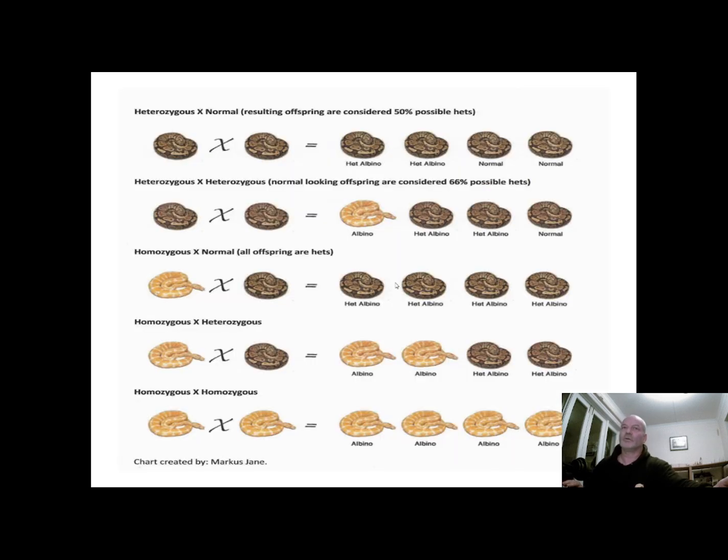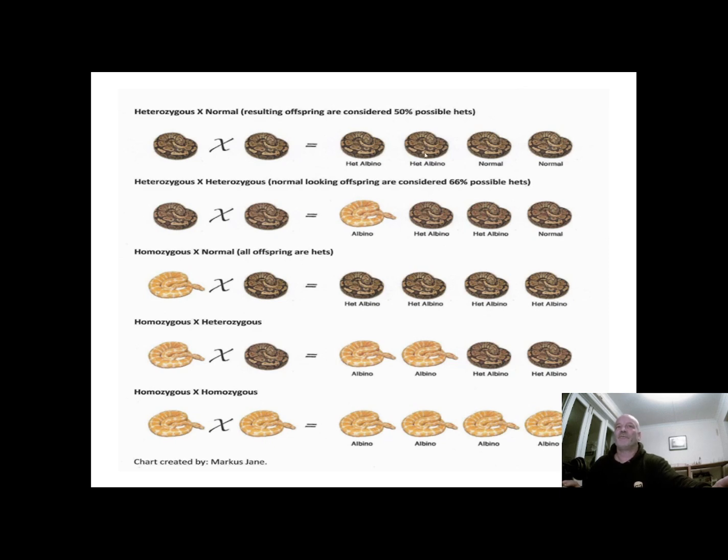I've got a few diagrams to try and explain how the hets work with normals and with visuals when you do your pairings. This diagram is an outcome chart, if you like, of all possible pairings. Like it says at the top, the first one, if you pair a het to a normal, the resulting offspring are considered 50% possible hets.